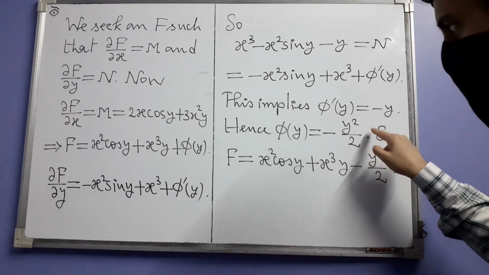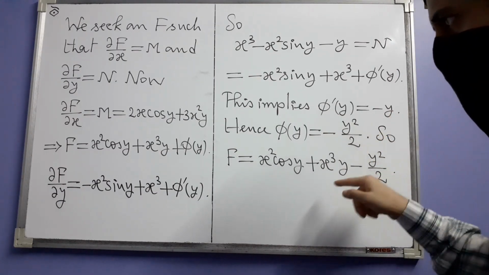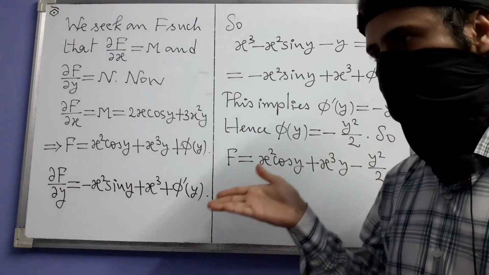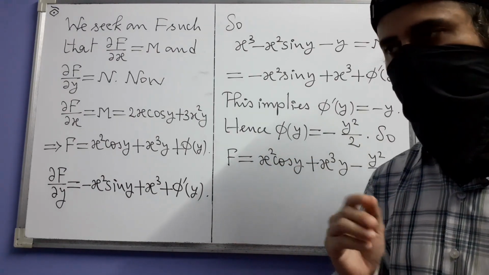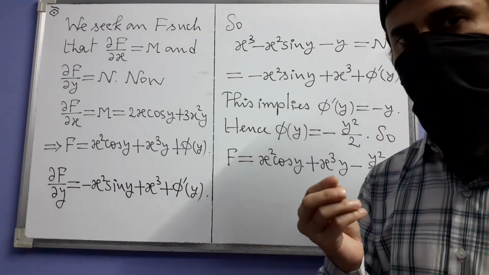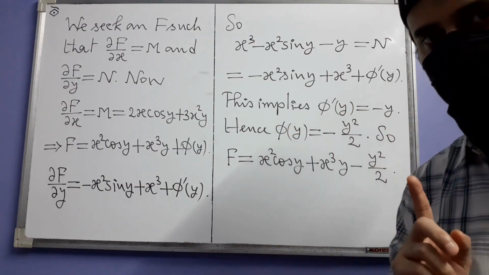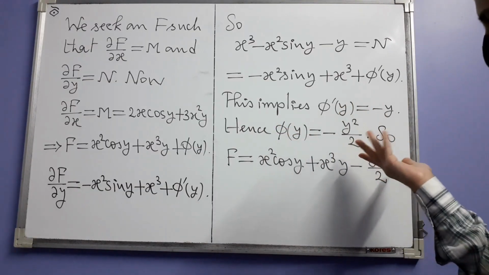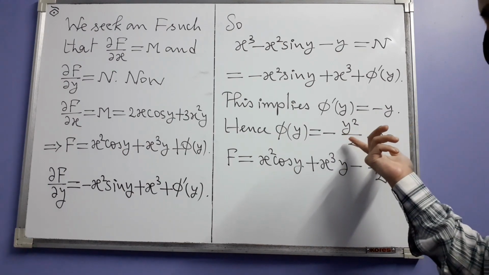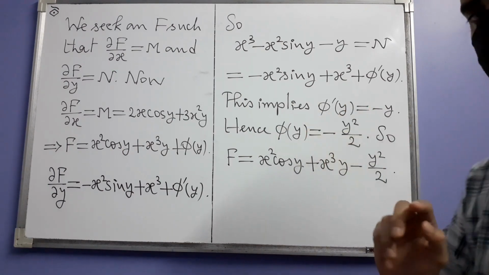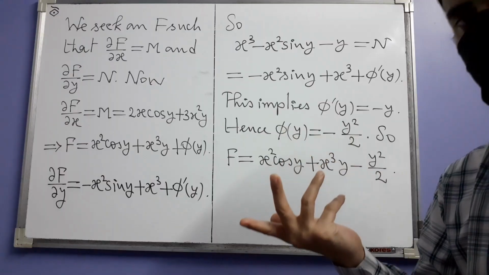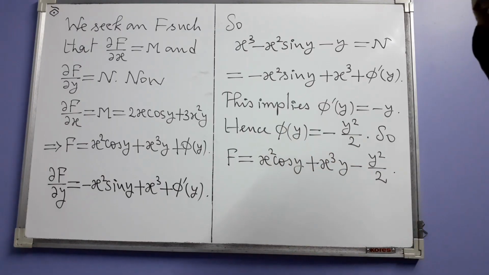If you consider an arbitrary constant here, that constant and the constant that you have in the general solution can be merged together to give you a single arbitrary constant. So you can simply use this value of phi of y where there is no arbitrary constant.